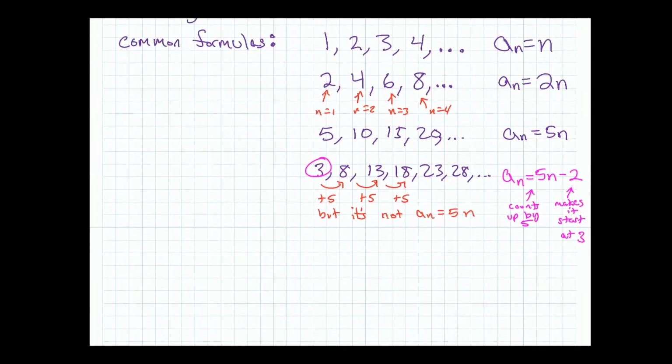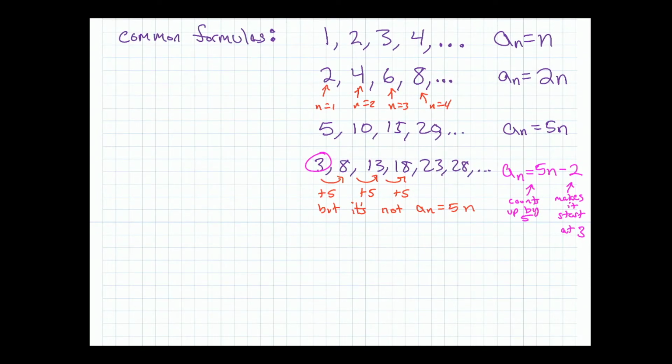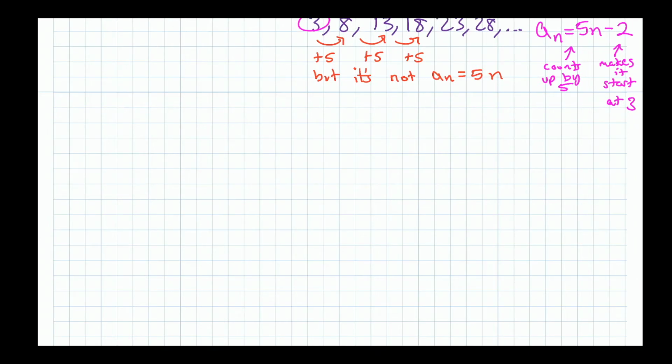Of course, there's lots of other patterns that you need to see. So that is just if it counts up by the same number every time. What about something like this? 1, 4, 9, 16, 25, ... What's that? Probably you already know, maybe.